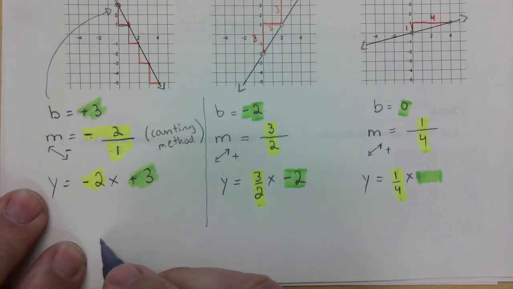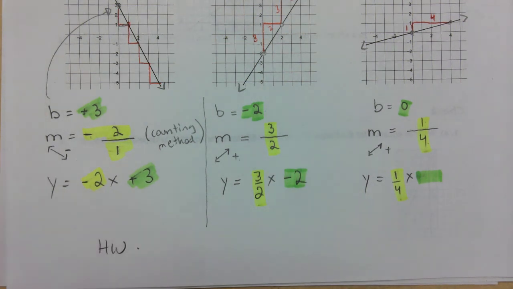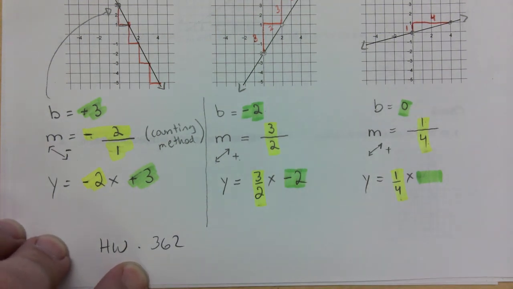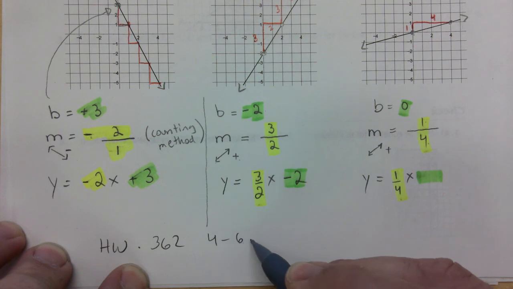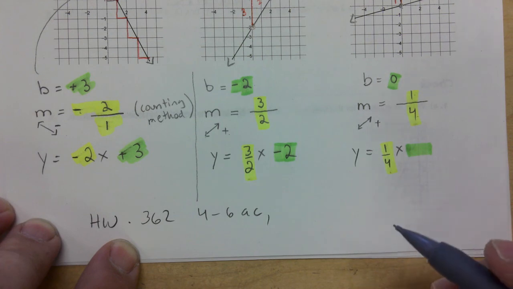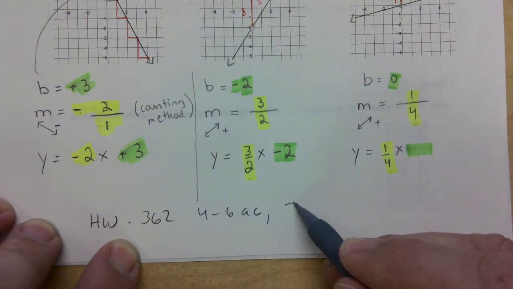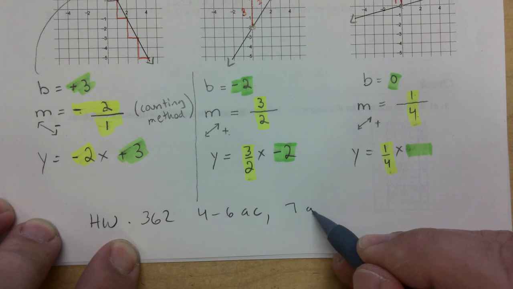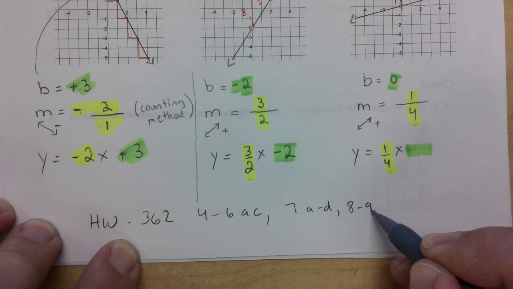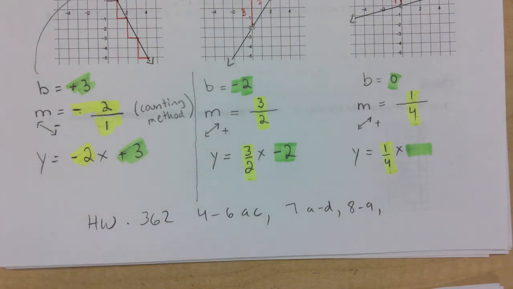All right, homework. There are word problems at the end, but I'm going to wait for now. Maybe a little bit of that would be okay. 362, 4 to 6, just A and C. That way you don't need to do all of it, just A and C for all of those. 7, A to D, 8 to 9, and now the word problems, I think.